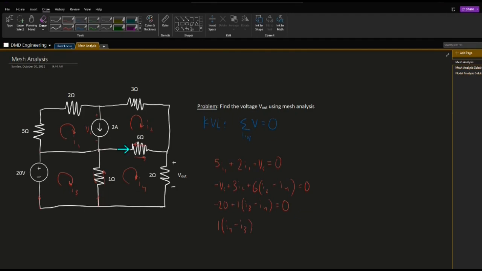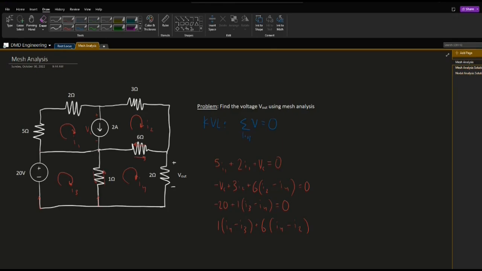Then we have this resistor on top, so plus 6 times I4 minus, in this case, I2, which is going the other way. If you had drawn these meshes so that they're going in the same direction, they would both be positive, but that's not what we did here. So we just have to be consistent with what we defined as our loop directions, and then everything will work out.